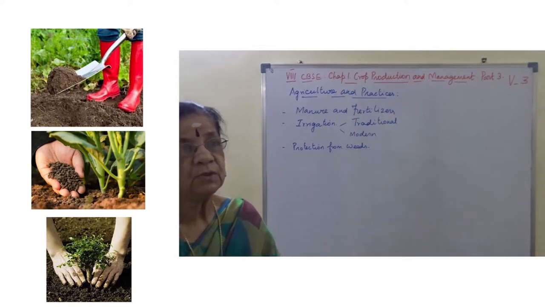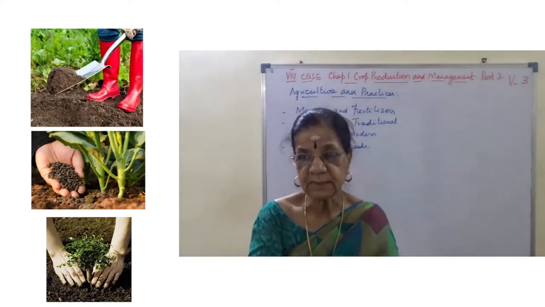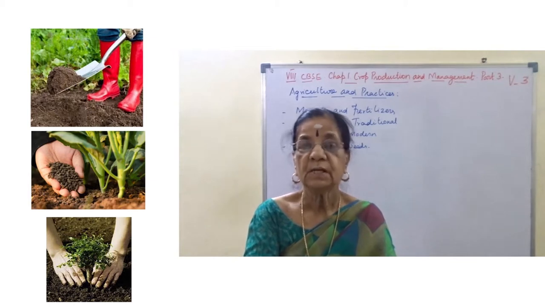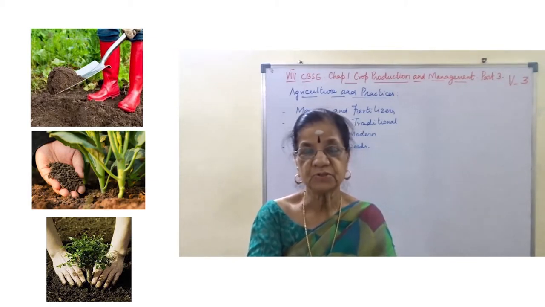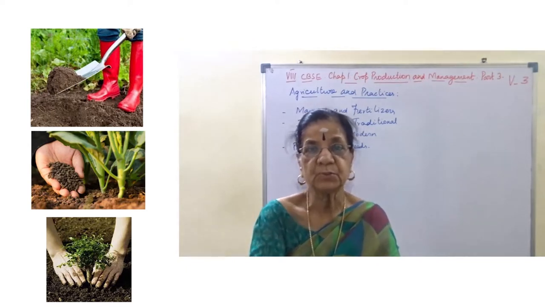In video 1 we learned what a crop is, then the types of crops: kharif crop, rabi crop and plantation crops. I am sure you can recollect these points.